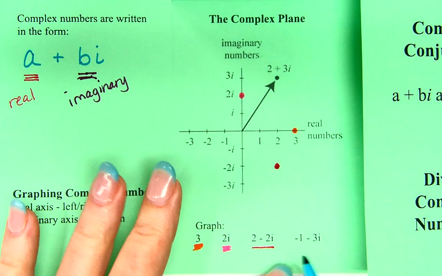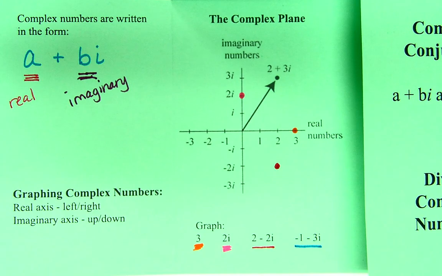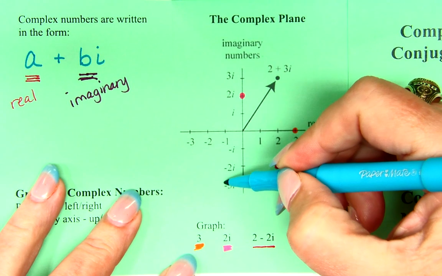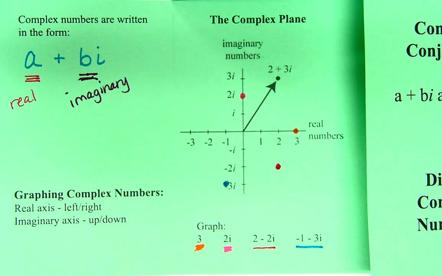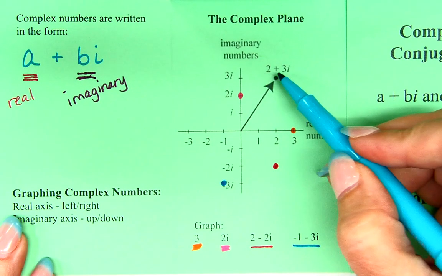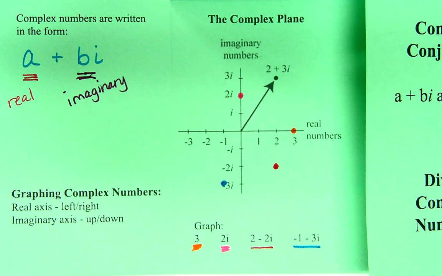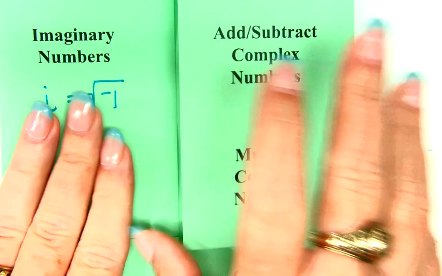And then if I'm trying to graph negative 1 minus 3i, so right there, right? Does that make sense? Okay. Do you see why this point is right here? 2 plus 3i. Any questions? Okay.